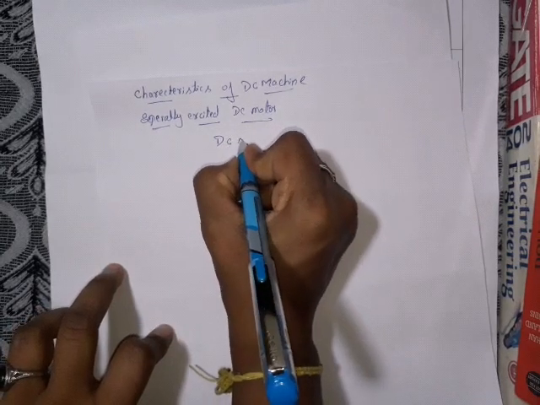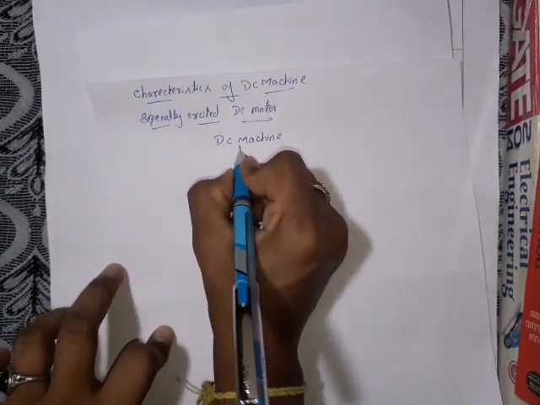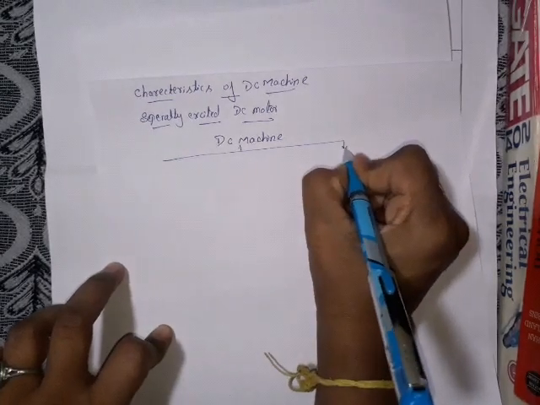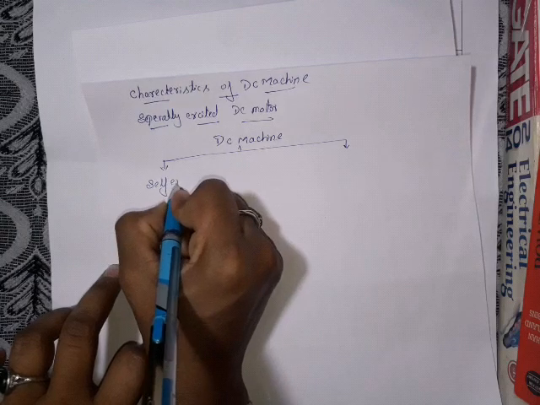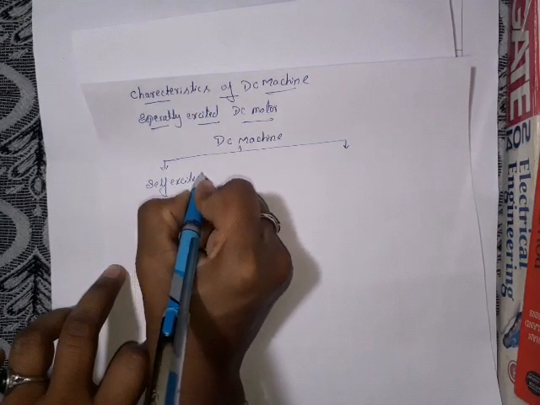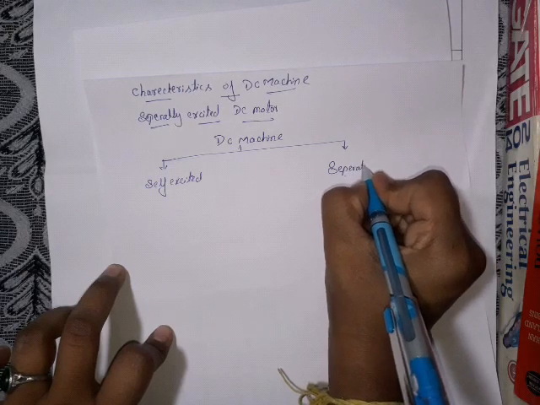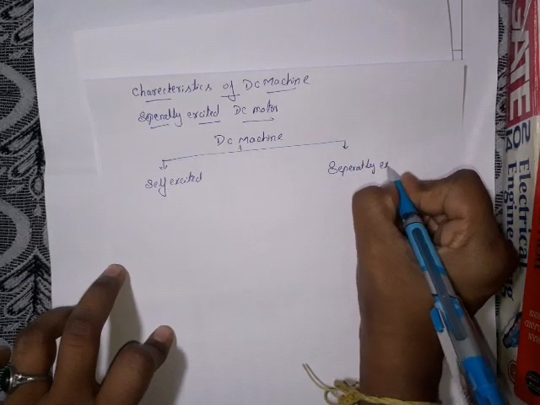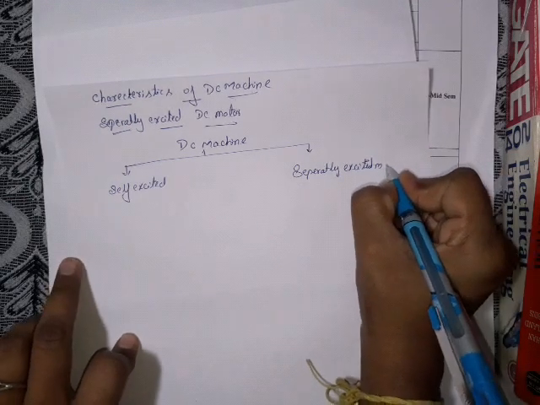So when it comes to DC machines, they are broadly classified into two categories. One is self-excited machines. Another one is separately excited machines.